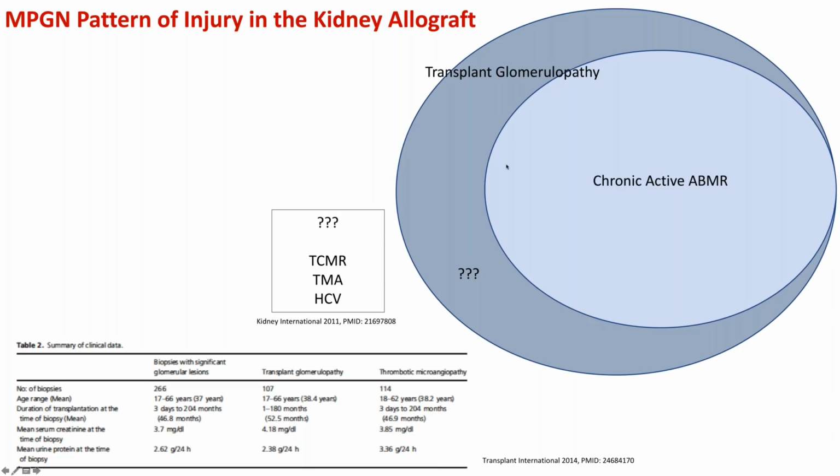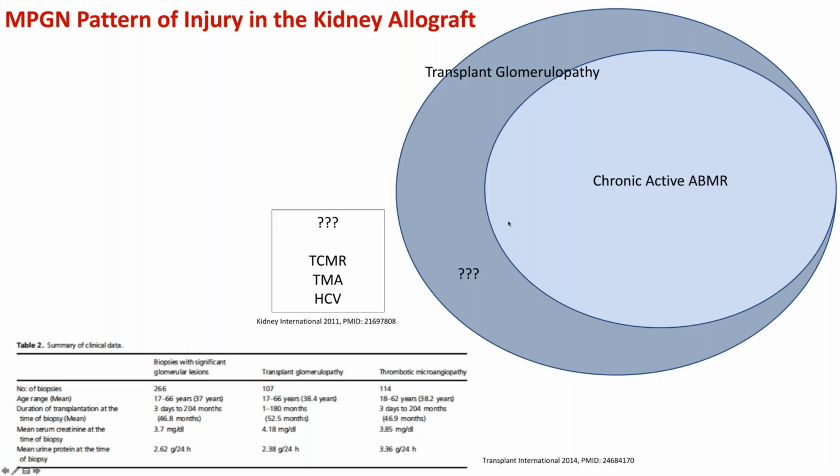And then you have a small proportion, depending on different series anywhere from 10 to 20%, where despite our best effort, you are not able to identify the particular antibody. So we do not know what that is. And when we say we do not know, three things can be thought of here: T cell mediated rejection itself doing that, thrombotic microangiopathy, and hepatitis C virus.